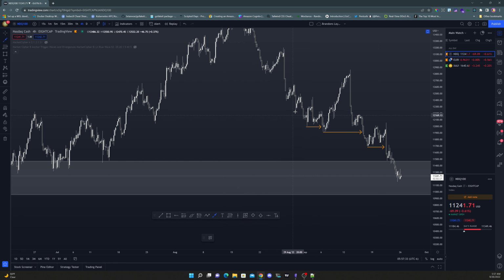Like that. You could argue that, right? So you have all this structure being put in. Ultimately, the higher time frame, the larger structure would be something like this.